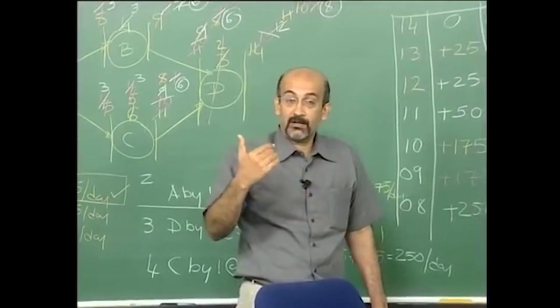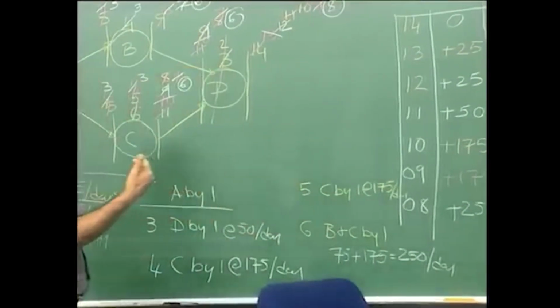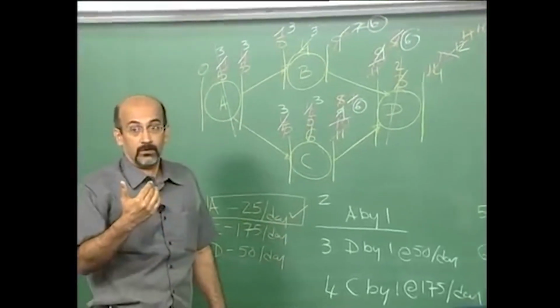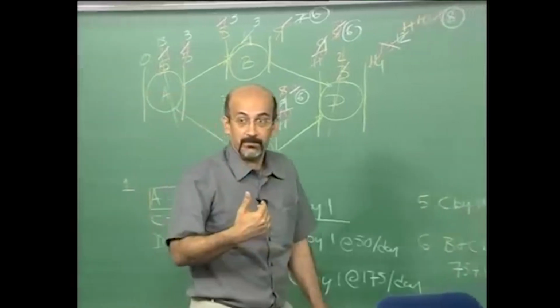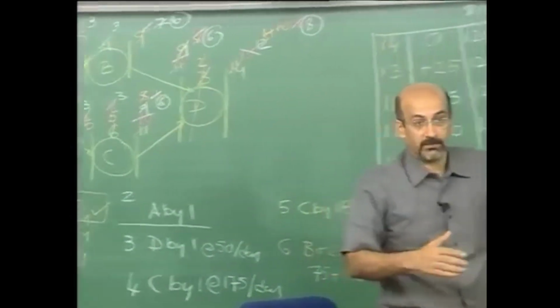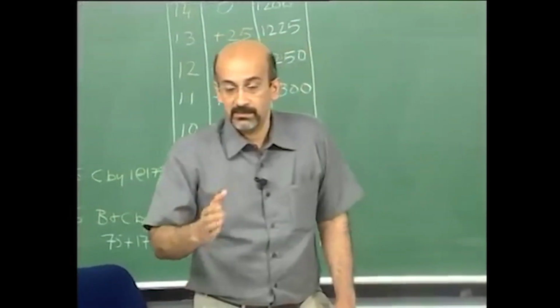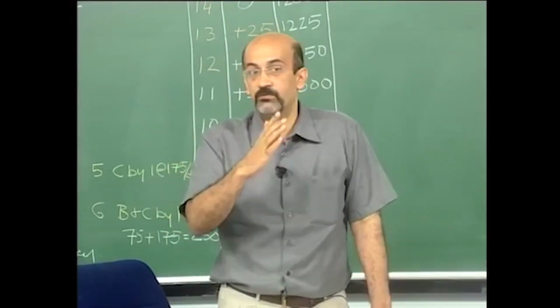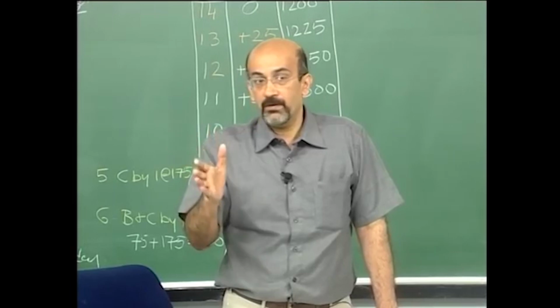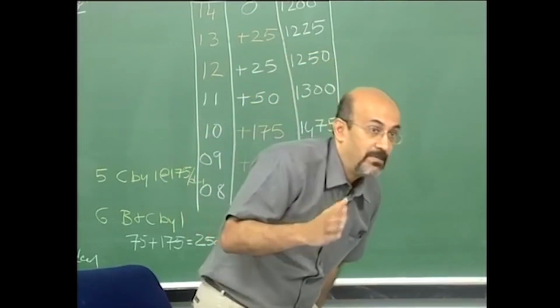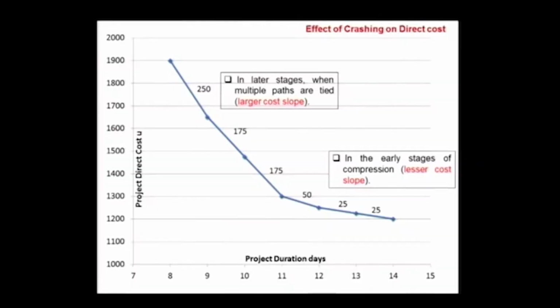Now if I crash B and C together, will there be any use? No. Right. So in each step I would go with the maximum and I would get the envelope of maximum. So just remember that this is only one of the curves you can plot for direct cost versus time, but this is the minimum and this is what we are interested in.